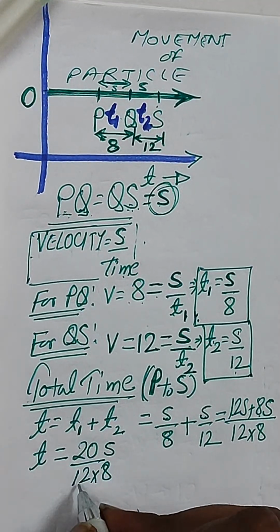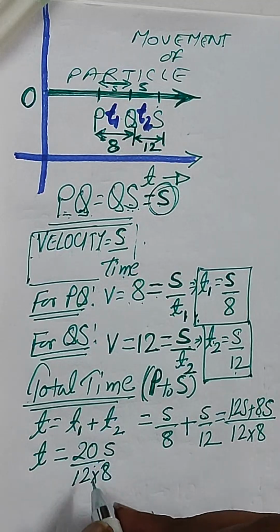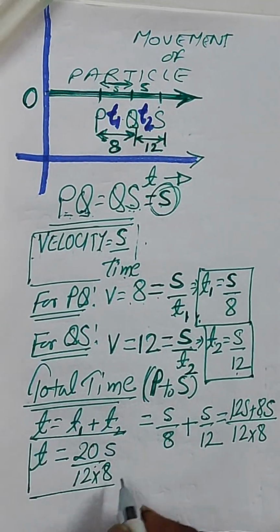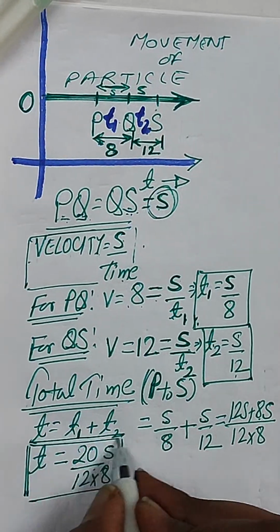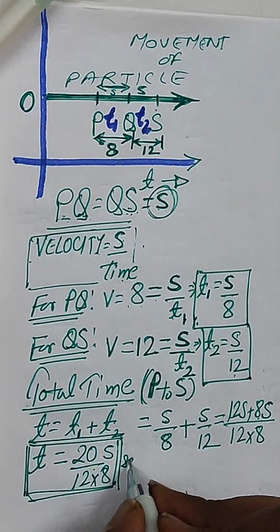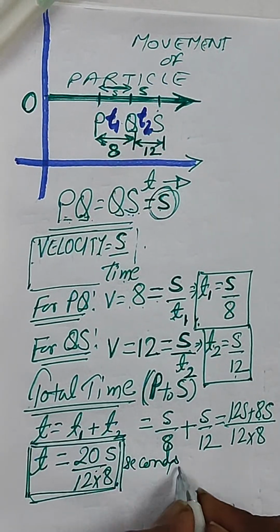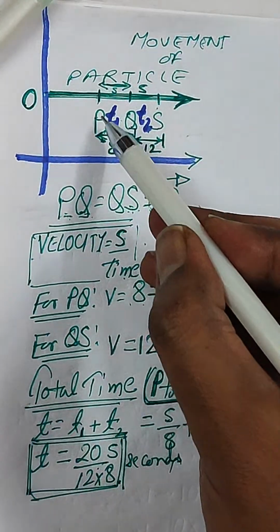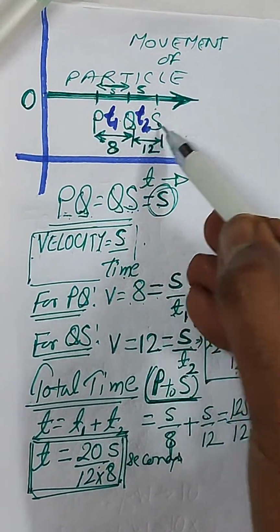You can further simplify it, but rather than going into that, just leave it as it is. This much of seconds will be the time required to travel from P to S, from here to here.